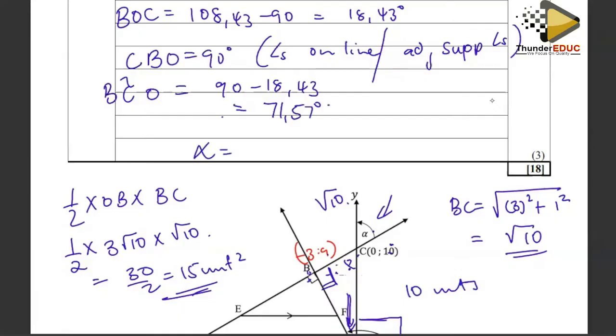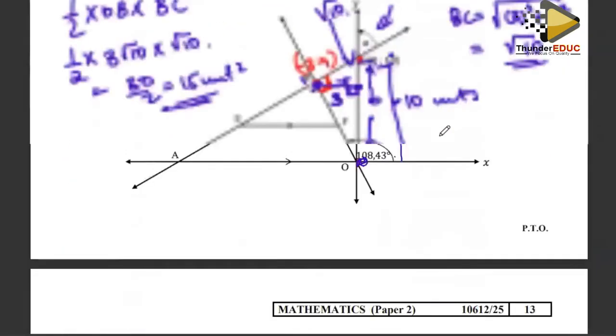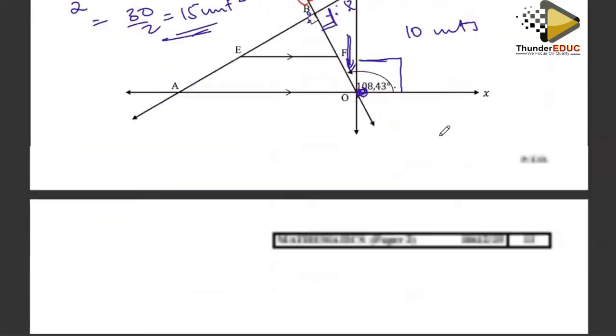Then we say alpha is 71,57 because they are vertically opposite. So that is how I would have worked that out. If you have any other alternative of how to do that, we would gladly appreciate it. That is the end of question number 3.